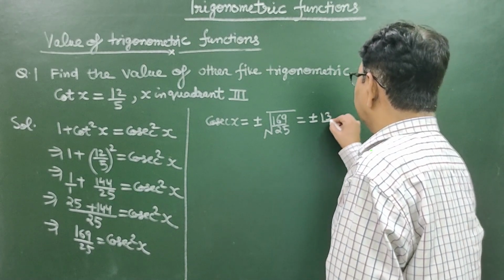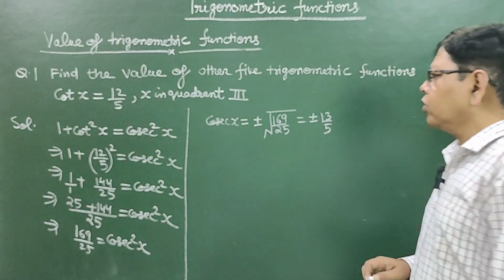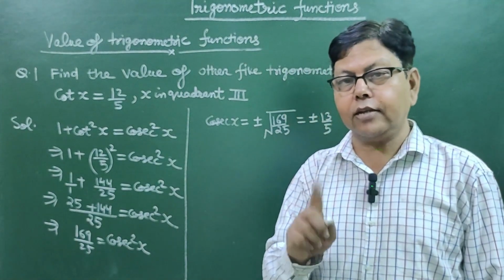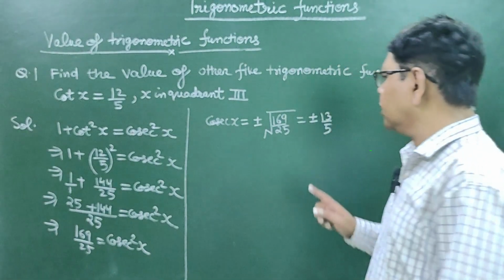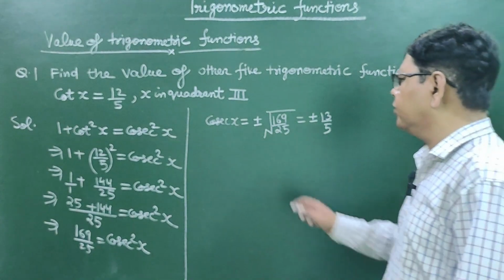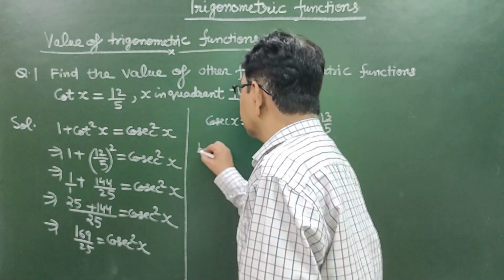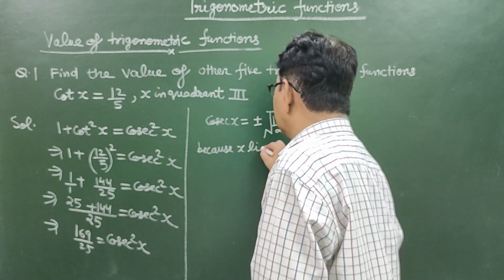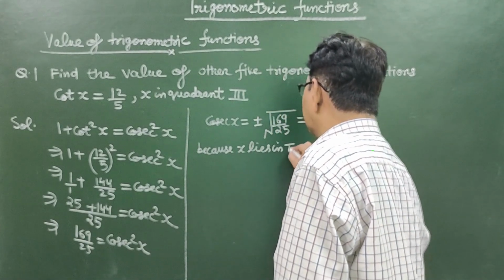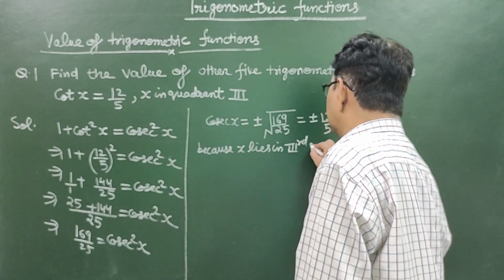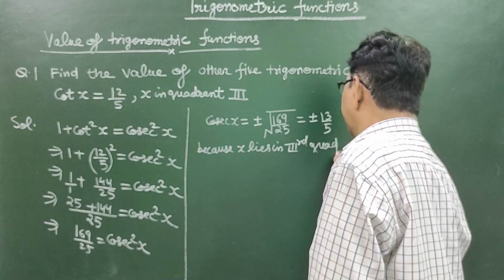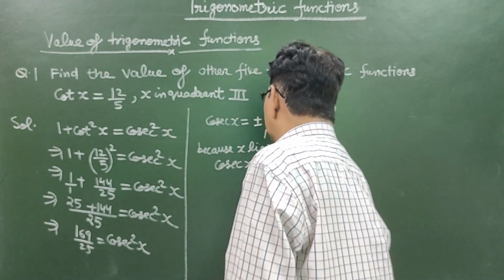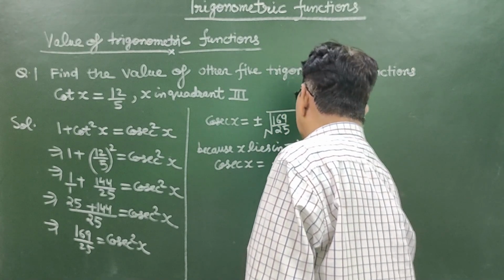But because angle x lies in the third quadrant, and in the third quadrant cosec is negative, therefore cosec x will be equal to minus 13 upon 5.